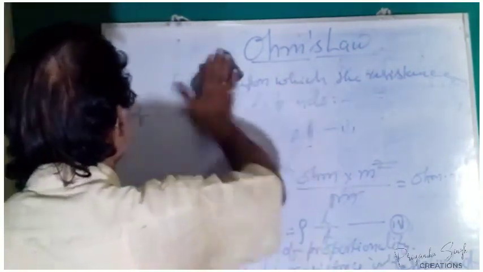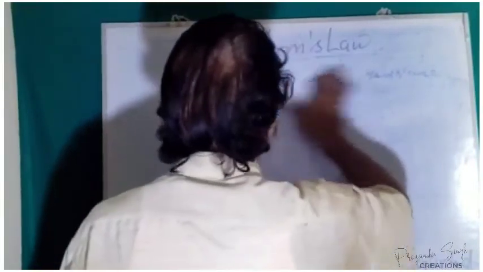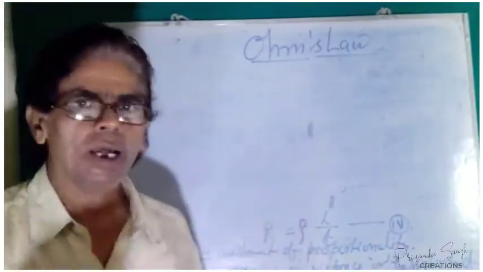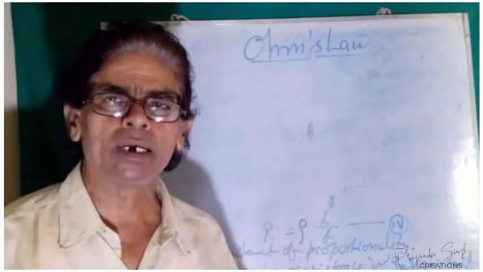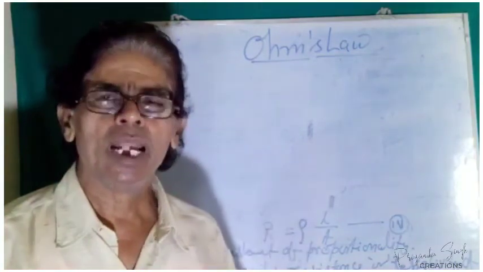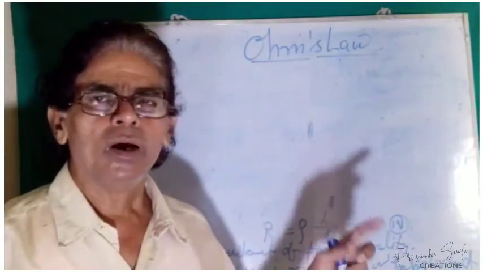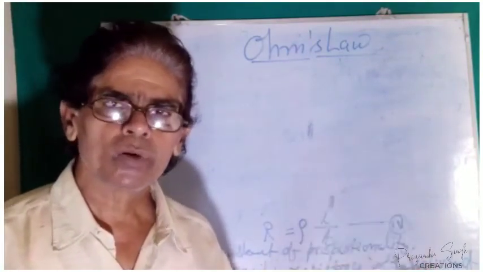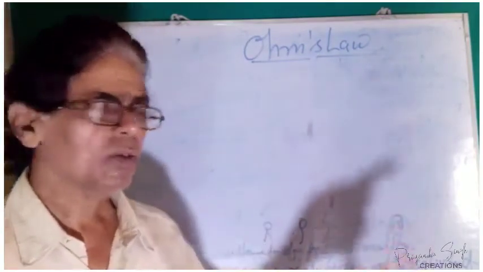For different materials and other factors we have already discussed. So are the temperature. So how does the resistance of the electric conductor or the resistor depend? On the length, area of cross sections and temperature as well as the material.